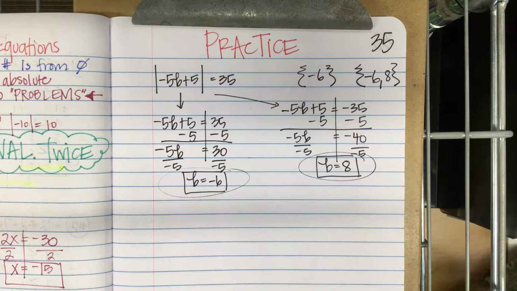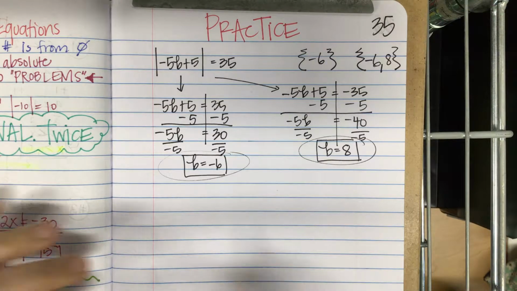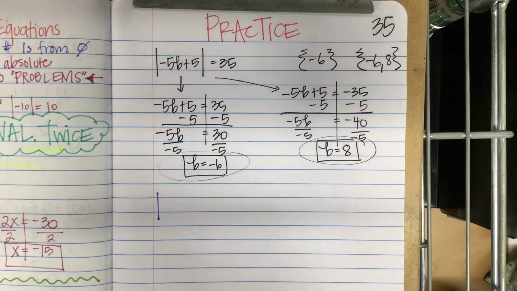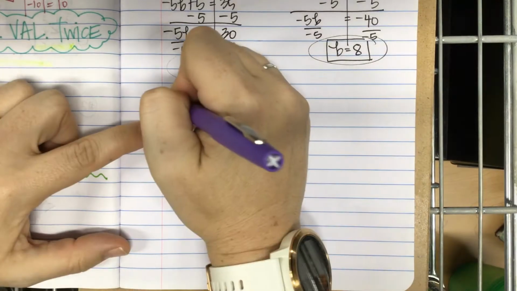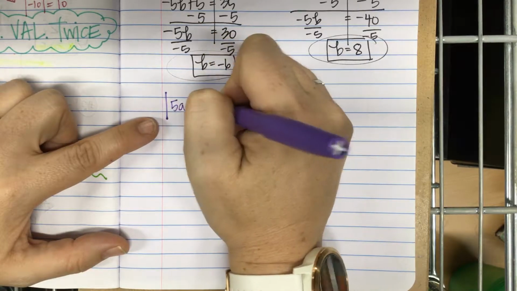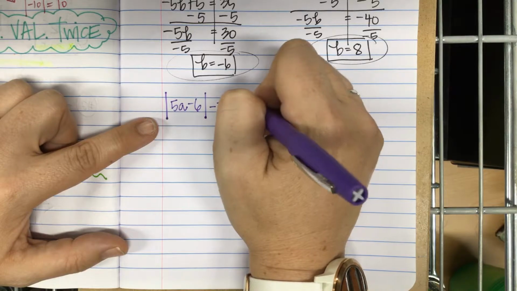Let's try another one. How about the absolute value of 5a minus 6, minus 7 equals 49?